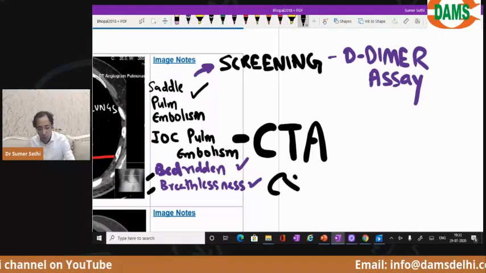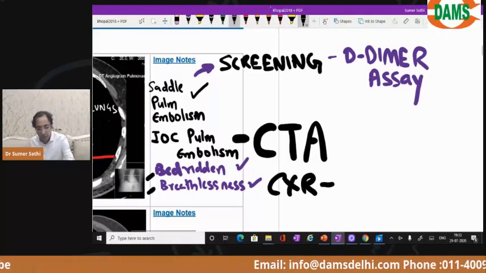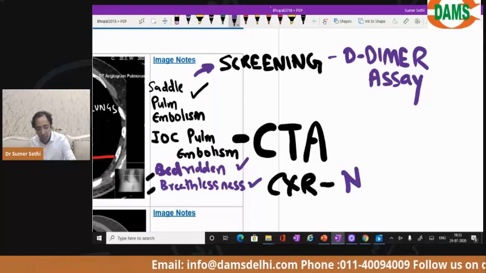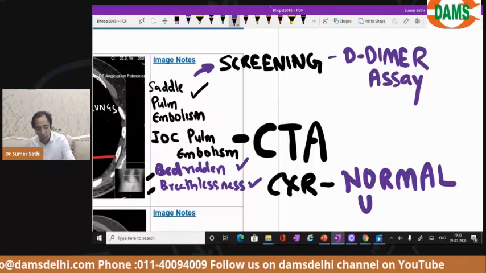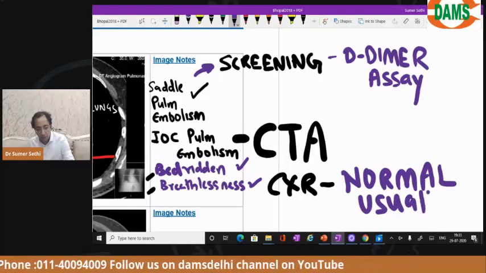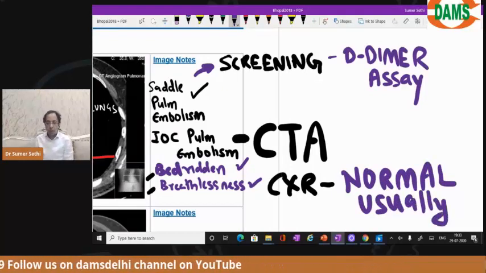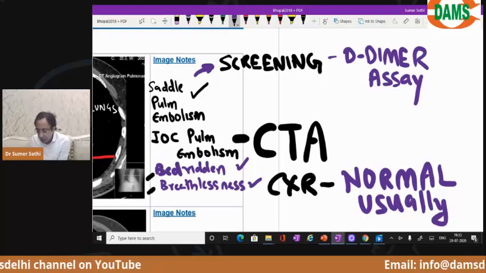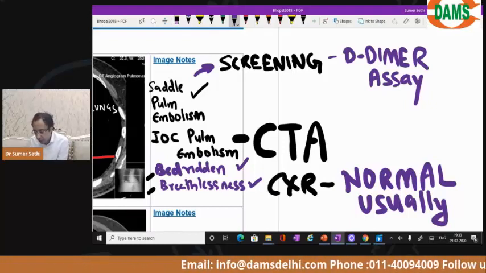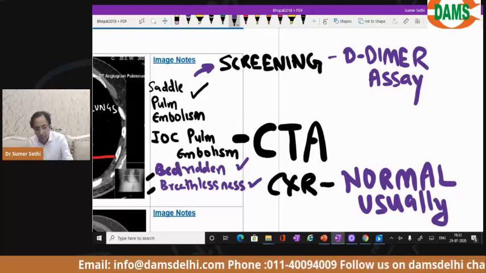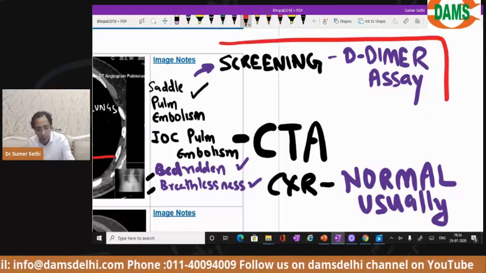What is the usual chest X-ray finding? The chest examination as well as chest X-ray is found to be usually normal. In pulmonary embolism, chest X-ray is found to be usually normal. D-dimer assay, you would have read, is a pathological test.